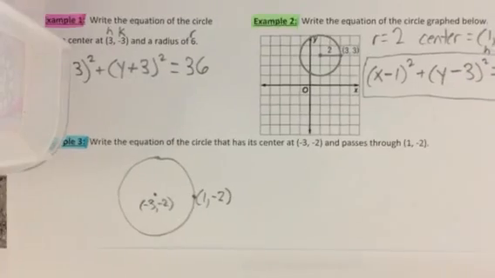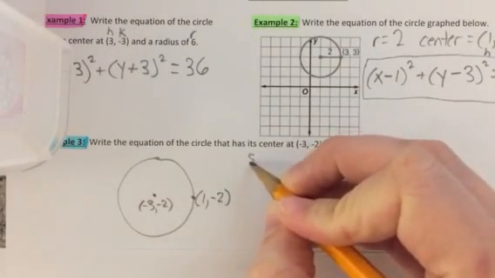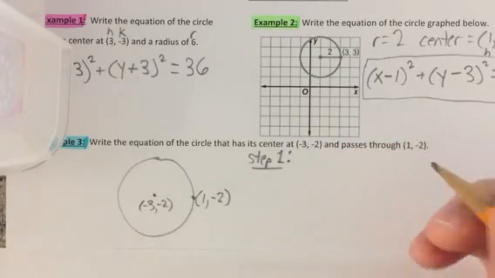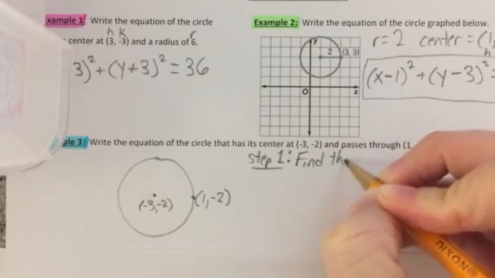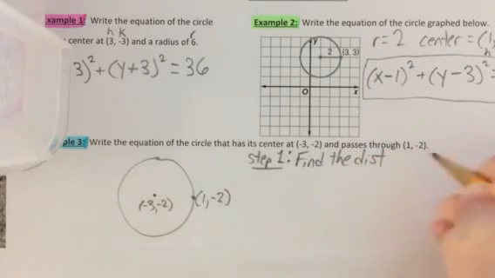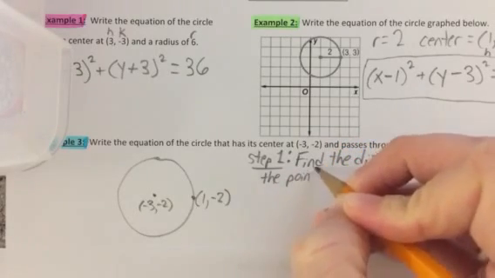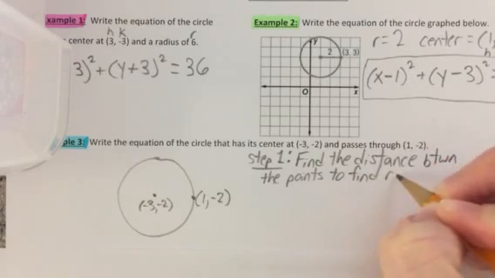All right, so first step, let's find the distance. Let's even write this out for your notes. Say step 1: find the distance between the points to find radius.